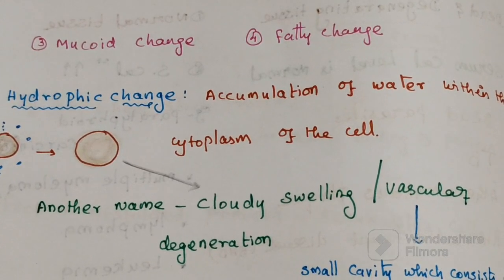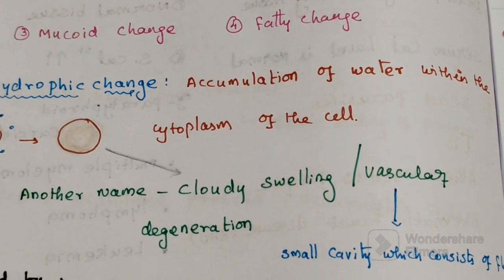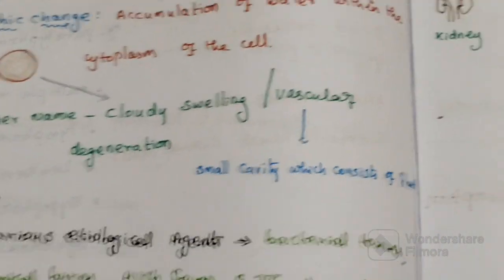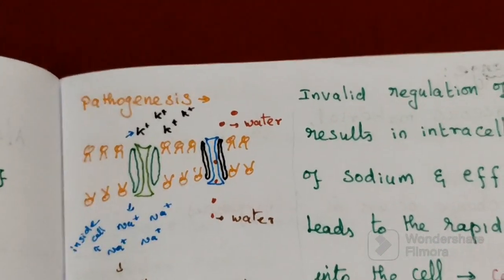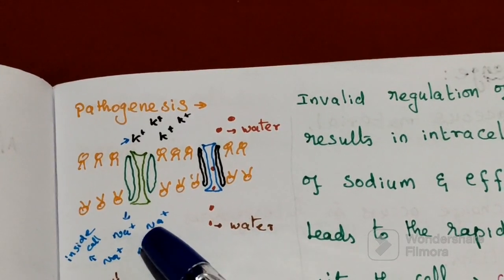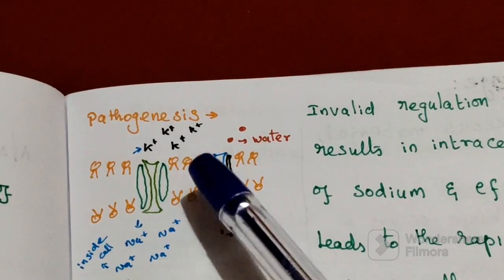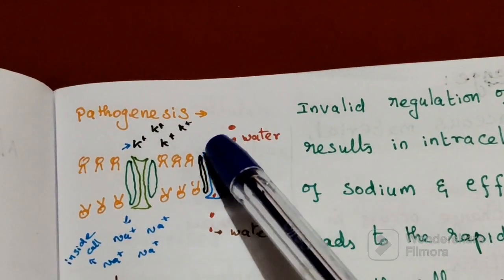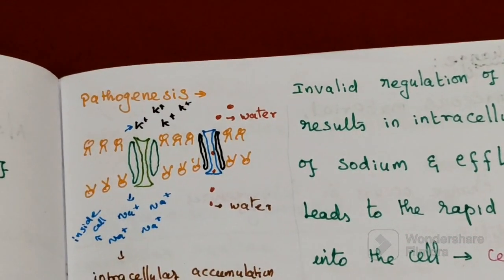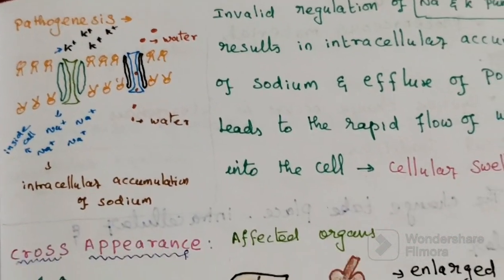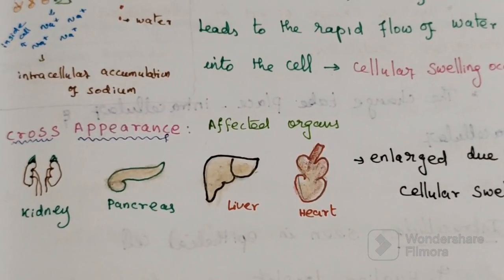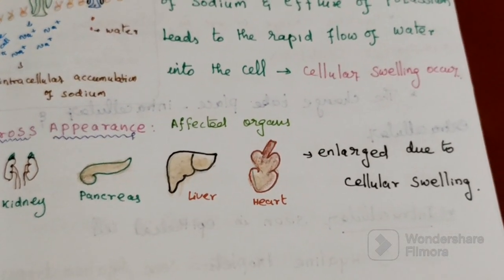It has another name, cloudy swelling or vacuolar degeneration, and is caused by various etiological agents. Sodium comes inside, potassium moves outside, so water comes inside and causes cellular swelling. These are examples of enlarged organs.